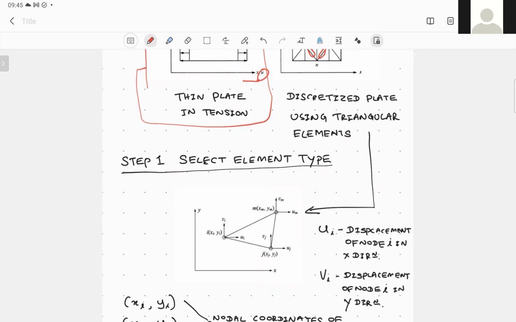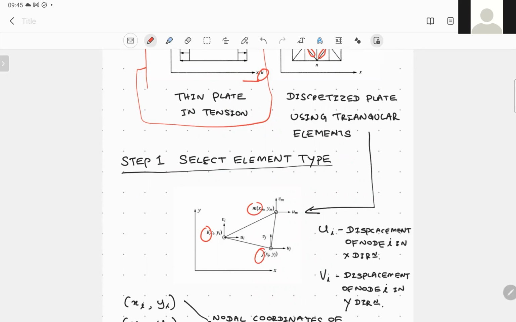In order to define this triangular element, which is a plane or 2D element, we have used 3 nodes given by I, J, and M. Mind you, we use a convention when labeling the nodes.